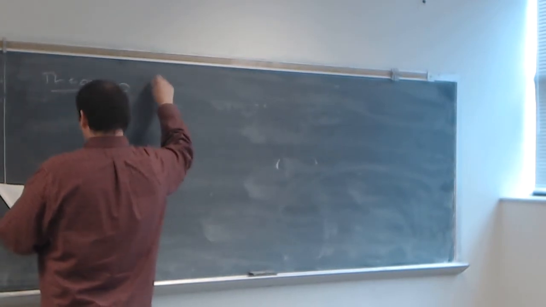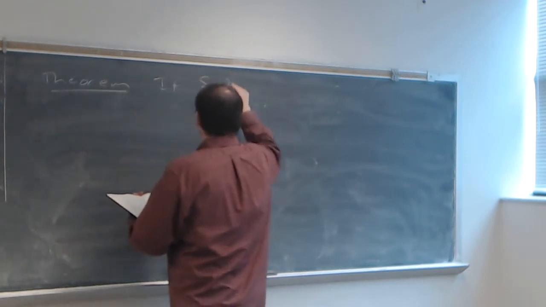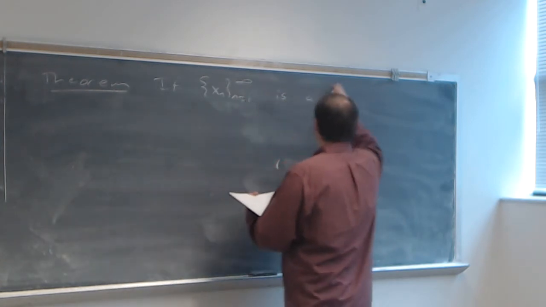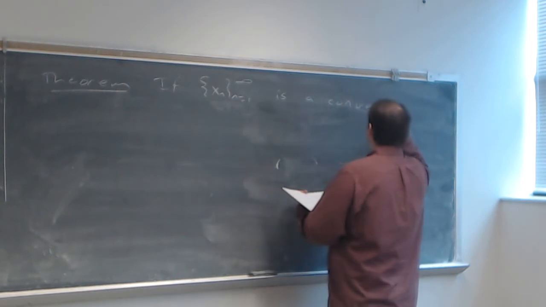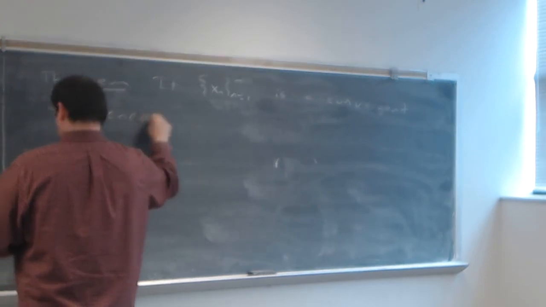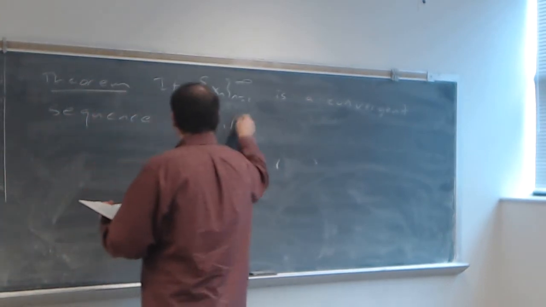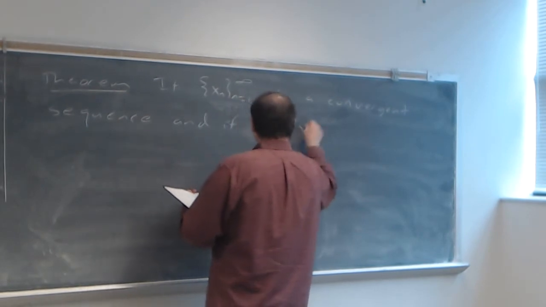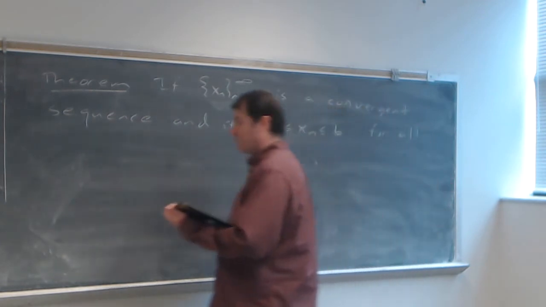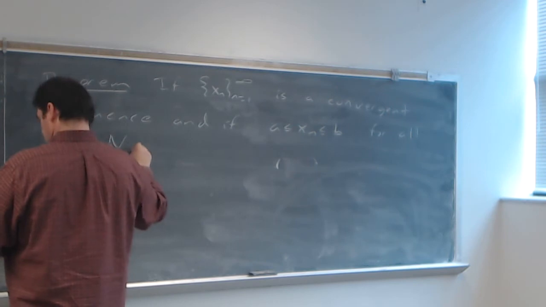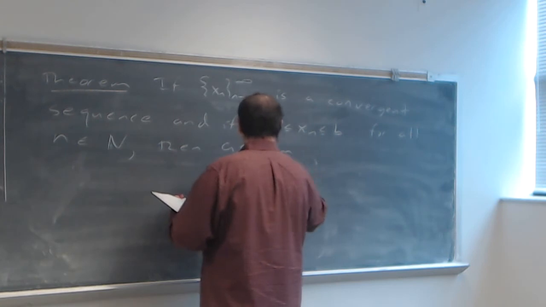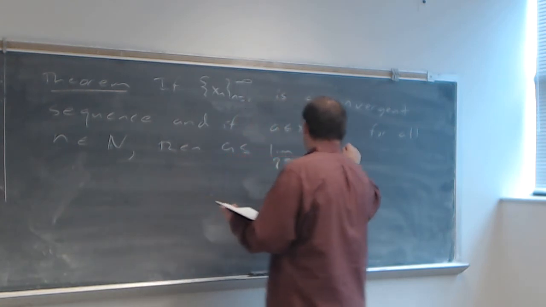So this theorem says, if x sub n is a convergent sequence, if a is less than or equal to x sub n, which is less than or equal to b, for all n in the natural numbers, then a is less than or equal to the limit as n goes to infinity of x sub n, which is less than or equal to b.